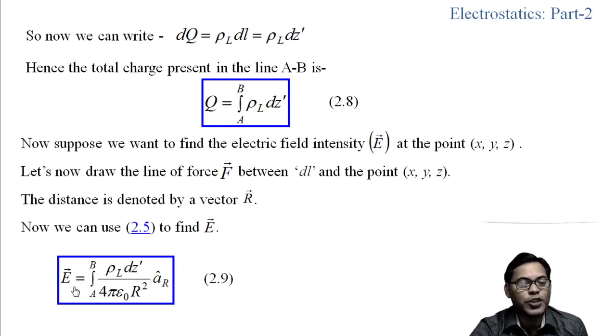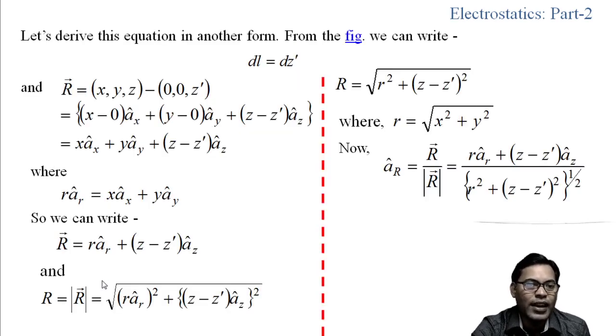So this is the expression of the electric field for a line charge limited from a to b. Now we are going to derive the expression of the electric field E in a different form. Why we are deriving this equation in a different form, we will understand at the end of the lecture.